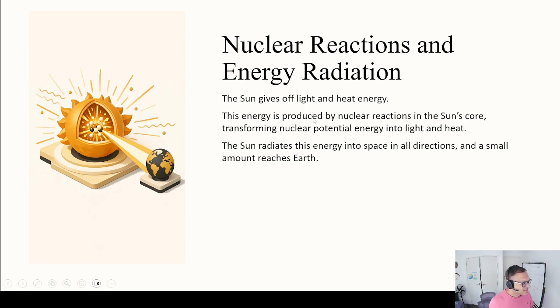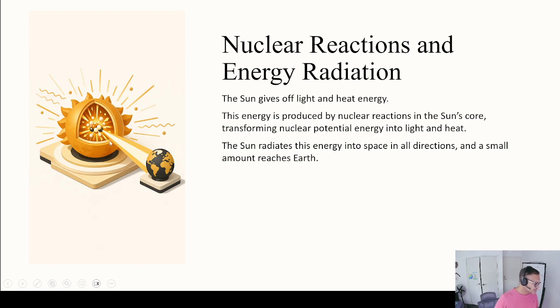Okay, this energy is produced by nuclear reactions that are happening in the sun's core. This reaction is mainly nuclear fission, but we'll learn about that later. What is happening is that nuclear potential energy, which we saw in the first lesson, is happening on the sun due to nuclear fission, and is getting converted, which means transformed, into light and heat.